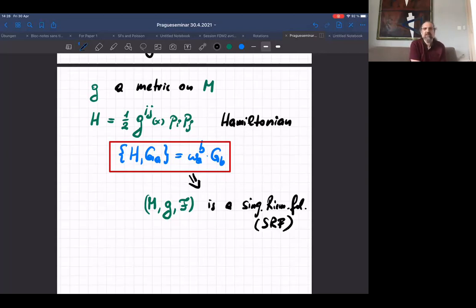Let me mention as an aside, there are these two extreme cases of singular Riemannian foliations, which are isometries and regular Riemannian foliations. It seems to be the case that this notion of a singular Riemannian foliation is more restrictive than the traditional one, even if the singular foliation is algebraic, as mentioned before.